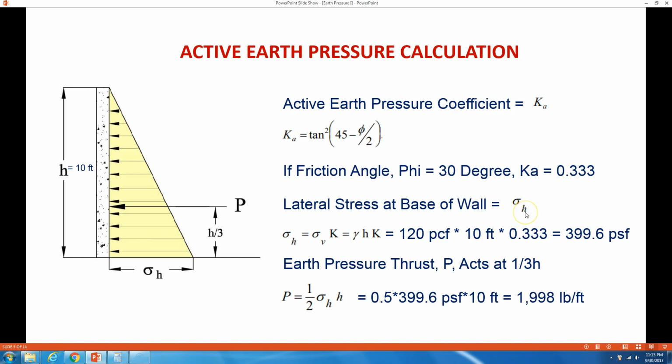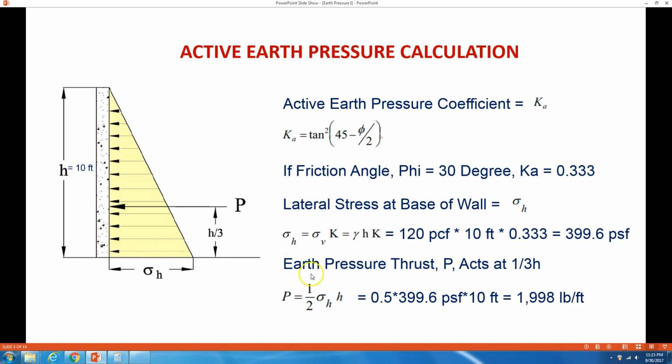And the lateral stress, this is at the base of the wall. The horizontal stress is Ka times the vertical stress. The vertical stress is gamma H. It's 120 unit weight of soil times the height. So that's 1200 times Ka, 0.33 of that, so it's approximately 400 PSF.